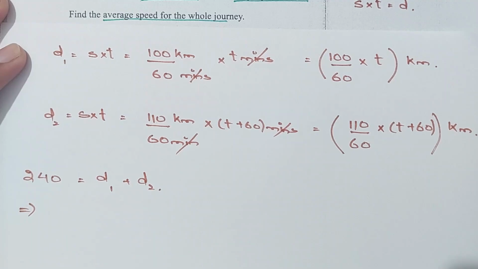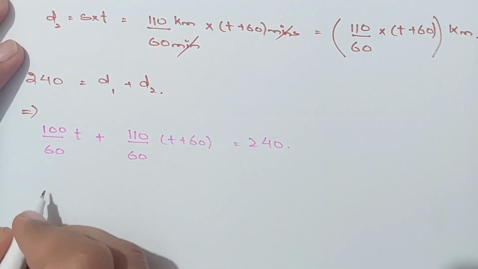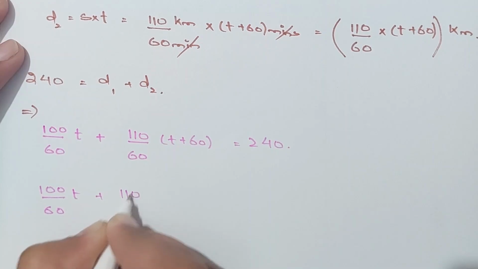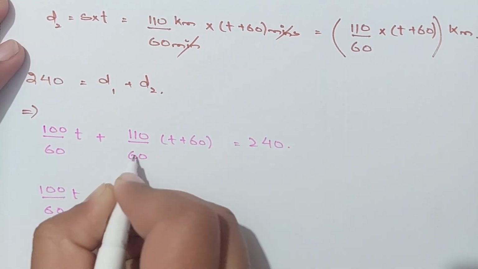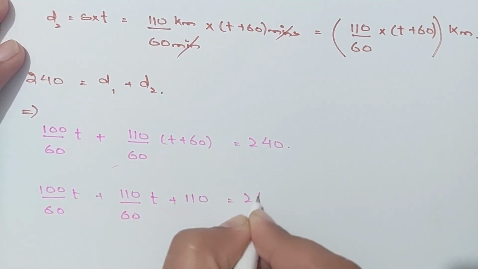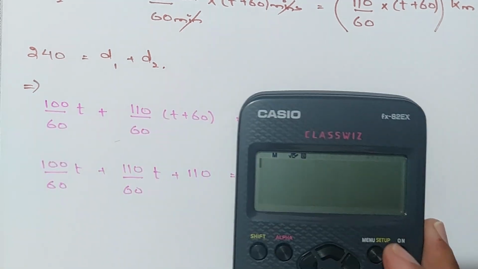This implies distance 1 is 100 over 60 t, and distance 2 is 110 over 60 times t plus 60. This is 240. Let me solve for the time first. So 100 over 60 t plus 110 over 60 t plus 110 over 60 times 60, which is 110, equals 240.